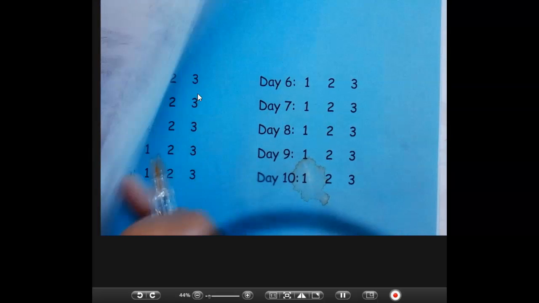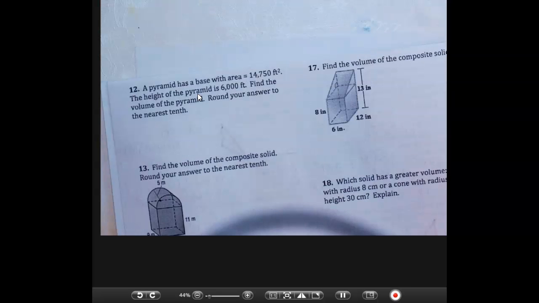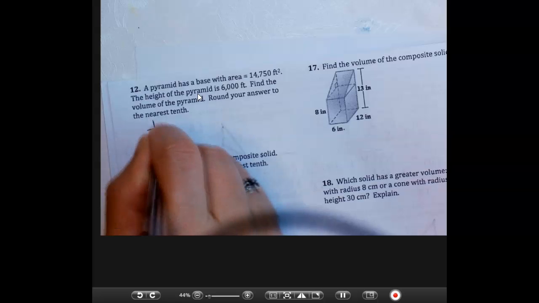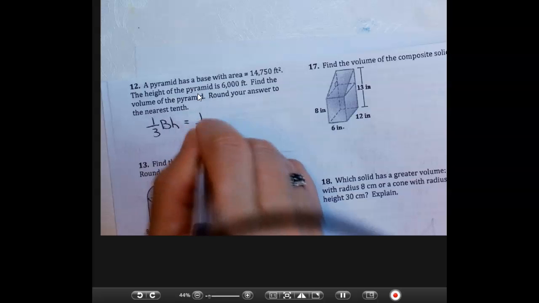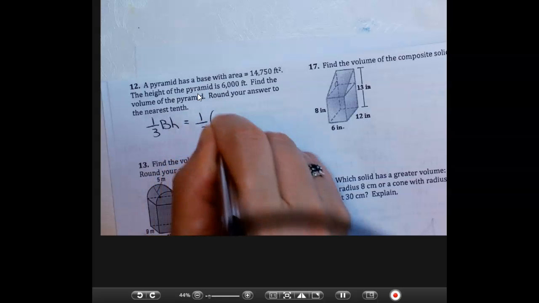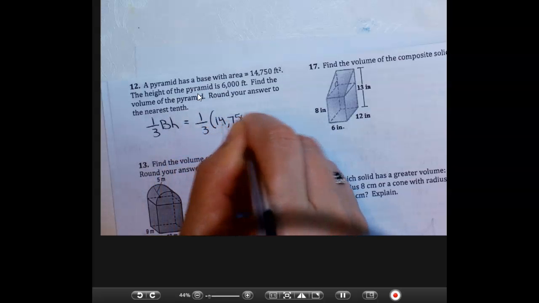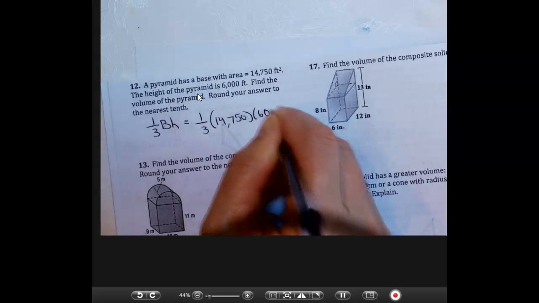Okay, moving on to number 12. Okay, number 12, they tell me I'm looking for the volume of a pyramid. That is 1/3 big B times h. In this particular case, they already gave me the base area. They gave me big B, and I have the height.